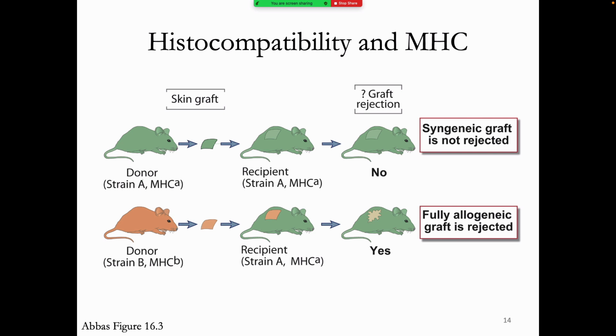The word often used in anatomy and physiology when you're thinking about tissues is histo, like histology. Are tissues compatible for transplant? You call that histocompatibility. You remember MHC stands for major histocompatibility complex. And the major antigen, in this case, is MHC. That's how it got major in its name.